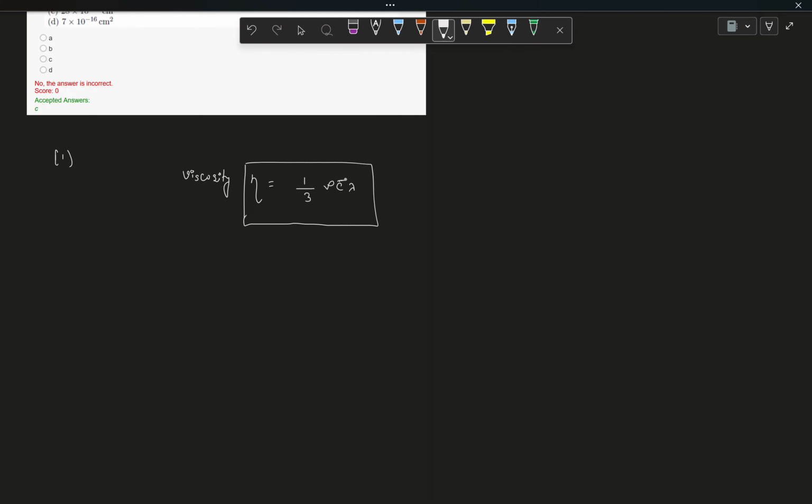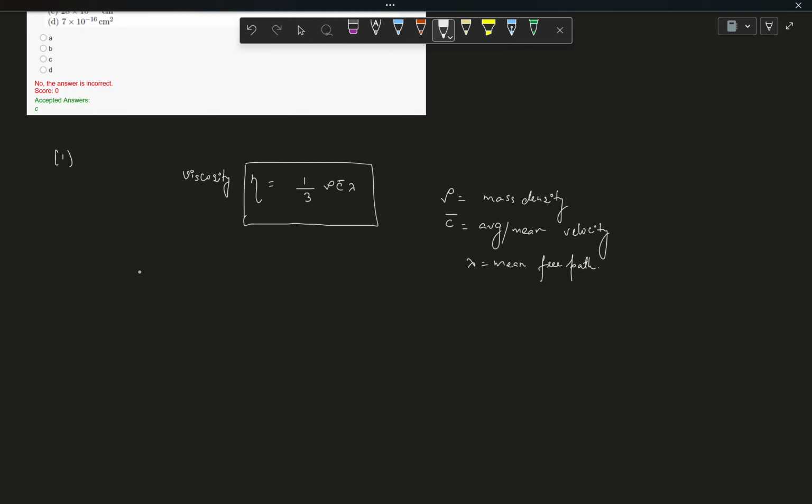You can see from there how you are getting that, but this is the standard formula for viscosity, where rho is mass density, that means mass per unit volume of the gas molecules, c bar is the average or mean velocity, and lambda is your mean free path. That means it is the average distance that the molecule travels in between two successive collisions in a straight line path.